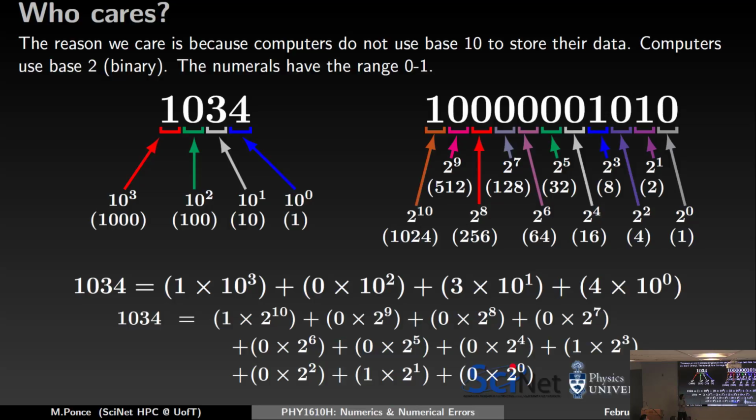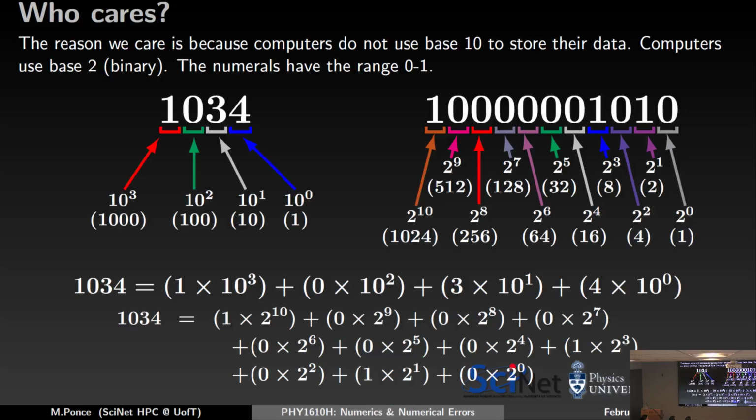Here is an example. Let's take the 1034 that we have right there. One way to represent it is in base 2, something like 1, 0, 0, 0, 0. I may be missing a couple of zeros there. That is in binary.